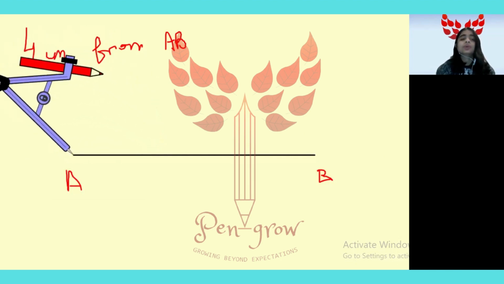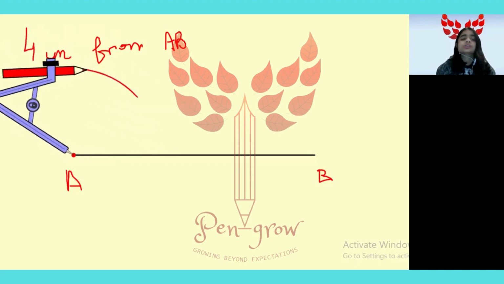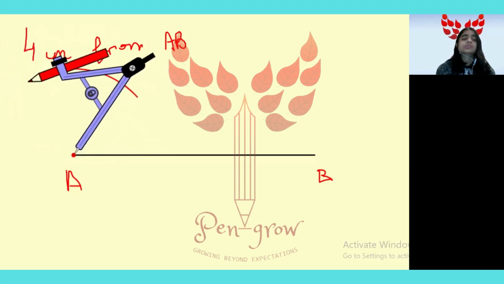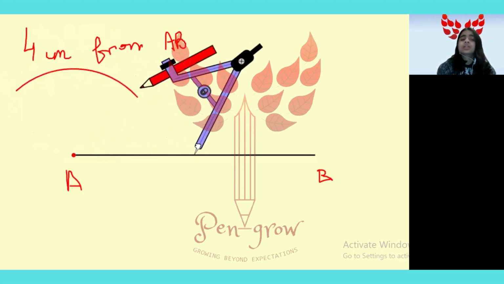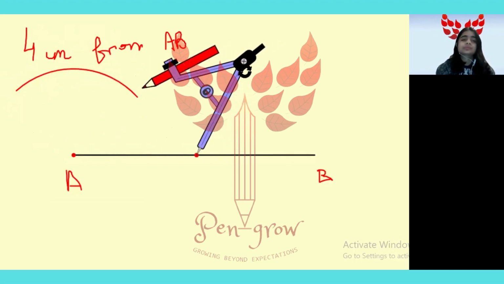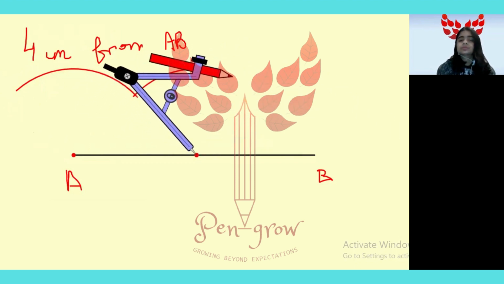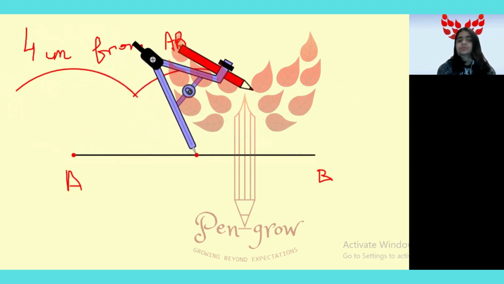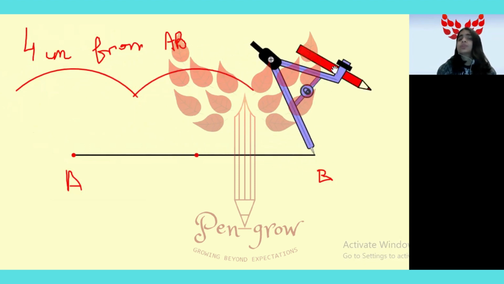Okay, and now we are going to draw an arc. So that's one arc. You can draw arcs as big as you want, right? Let me draw another arc. Let me draw the third arc.